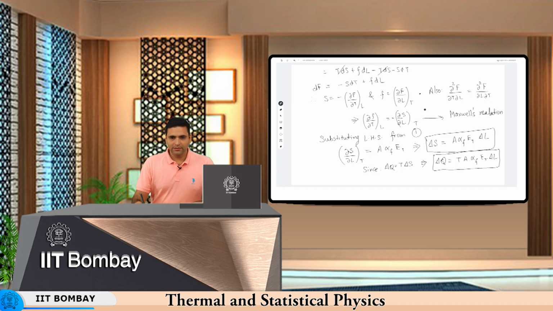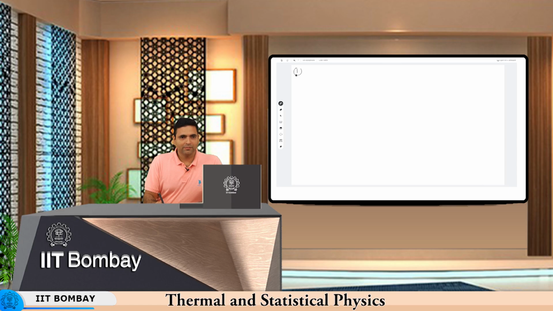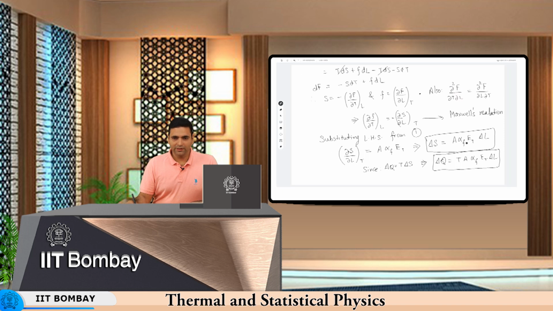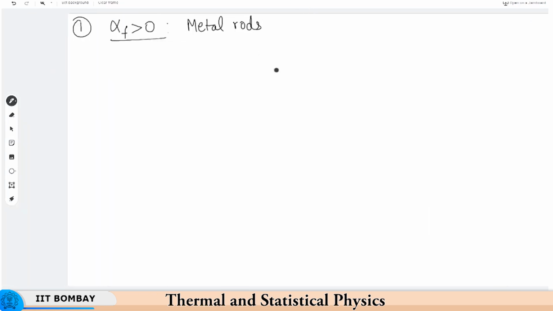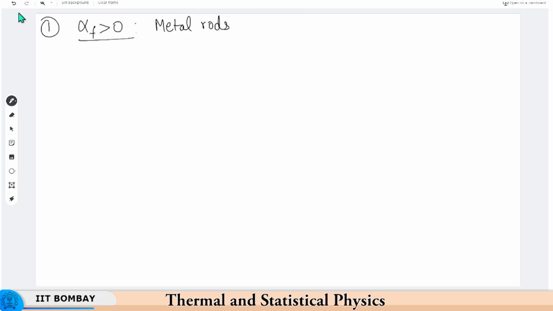Now let us see what the signs of these quantities are. Case number 1 is when alpha f is positive, and this is true for metal rods. Delta L is positive, since we are stretching the rod; E T is positive, the cross sectional area is positive, and temperature is positive. So the only parameter changing sign is alpha f. Maybe I can do it in a tabular manner.